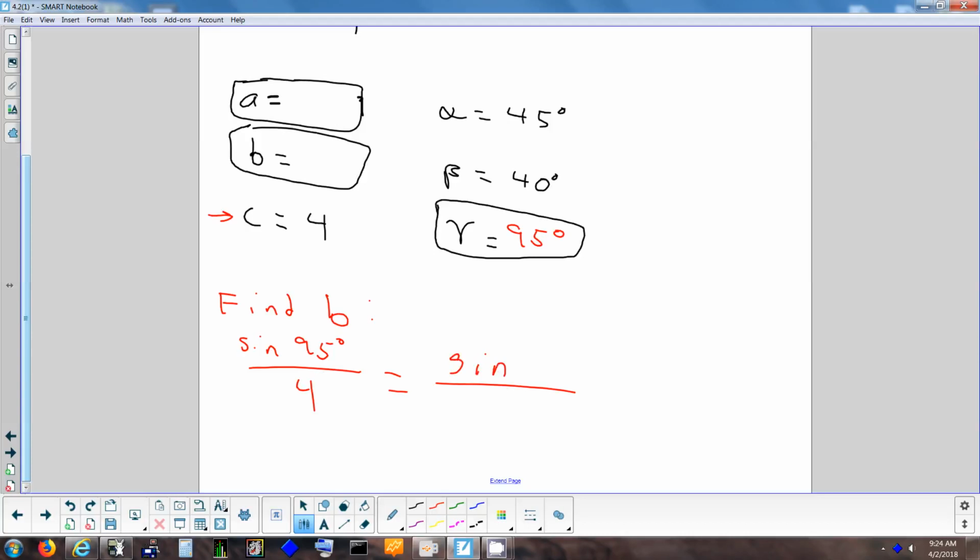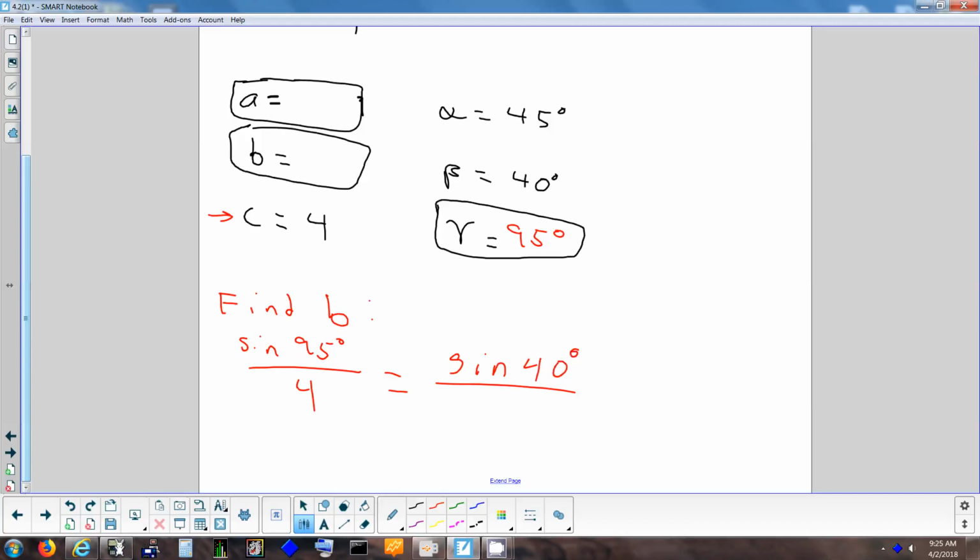And in this case, it would be the sine of... What are we finding? We're finding B. A 40? The 40. So you always use the angle. Remember, you always use the angle that's across from the side. If anybody's unsure, ask me a question.